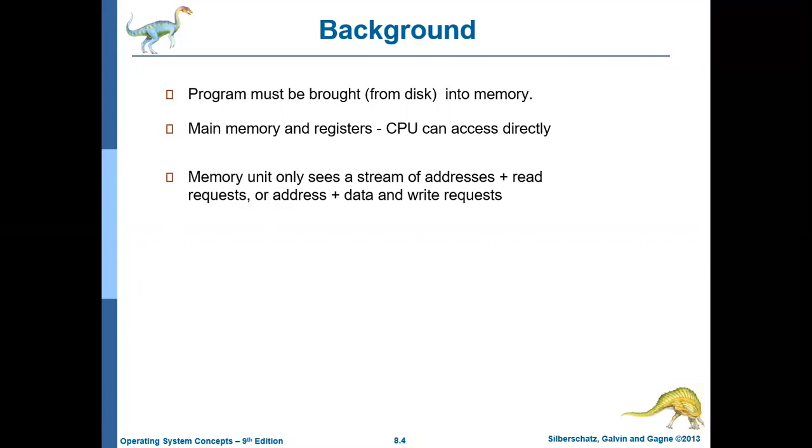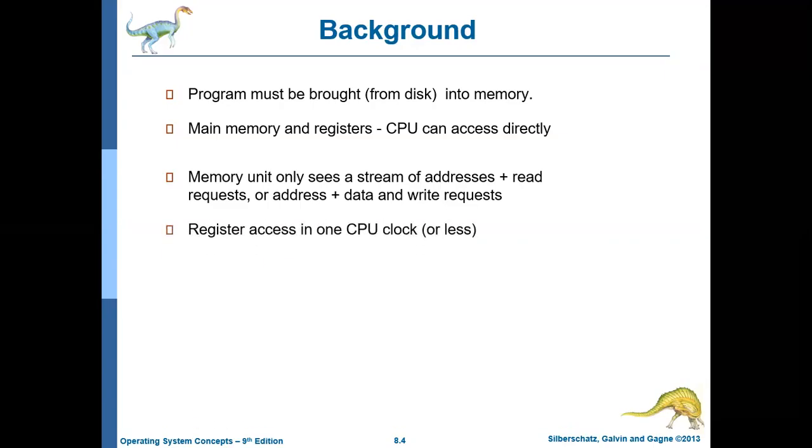That is what the memory controller knows. Every device will have a controller. Memory will have a controller. So here memory unit, in the sense the memory controller, can see only the stream of addresses, whether it is a read request or a write request. It does not know anything about how these addresses were created.